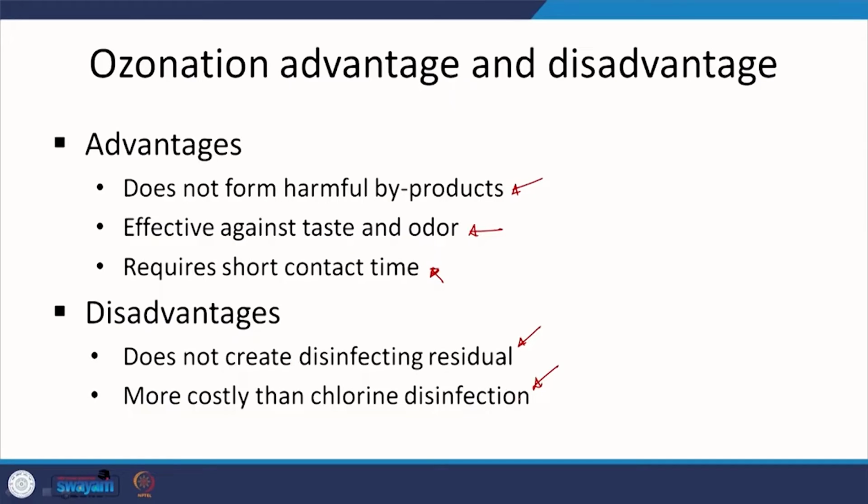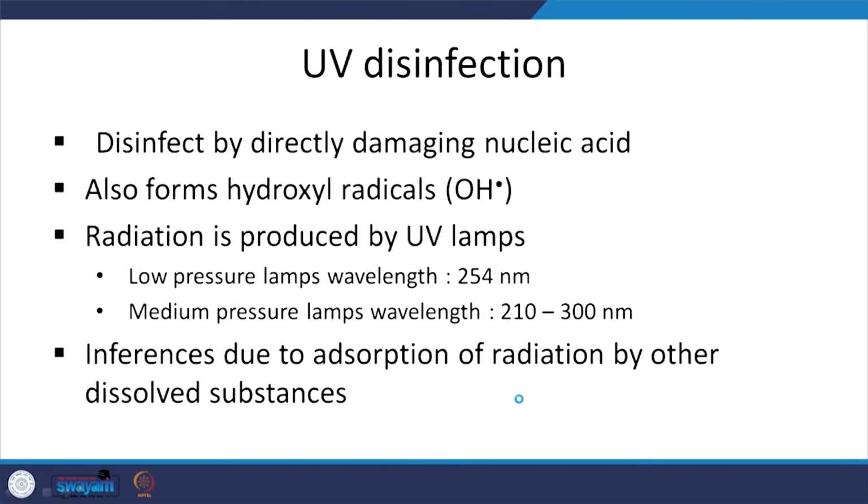If I ozonate now, 30 minutes later most of the ozone will be degraded, but that is not the case with chlorine. So, you can have ozonation to take care of your residual organics and pathogens, and add some chlorine so that you can have residual chlorine. And obviously, it needs a more capital intensive setup, thus it is more costly than chlorine disinfection.